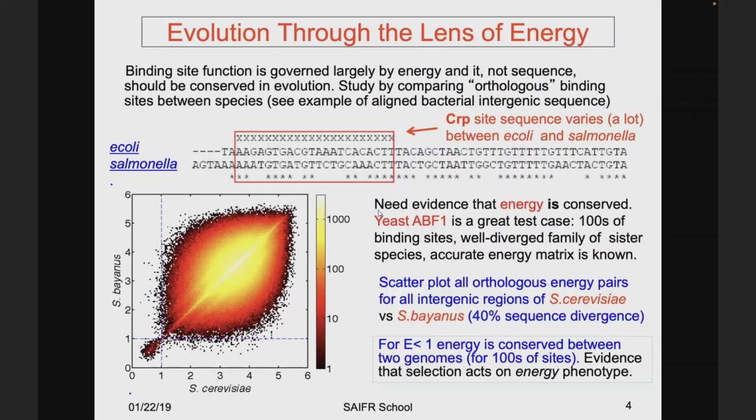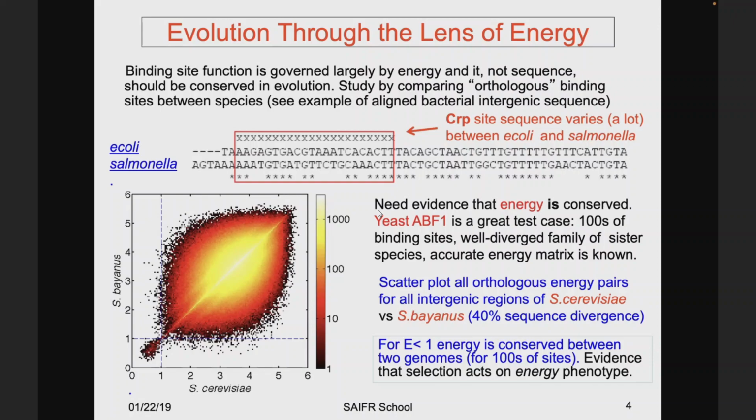But the idea, and what we're plotting here is: line up all of the intergenic regions between genes in two different species of yeast. Compare; we have previously worked out what is the proper description of the binding energy as a function of sequence for ABF1.